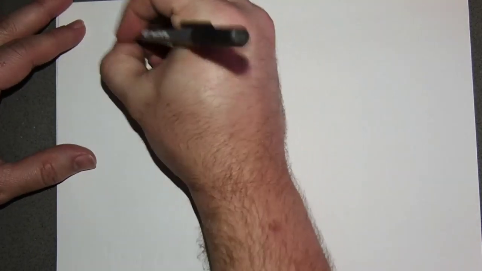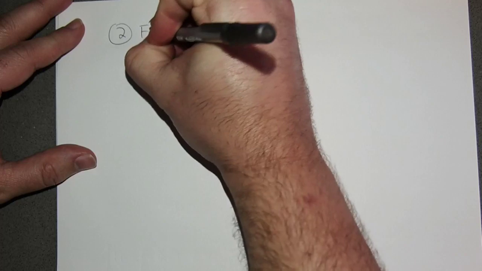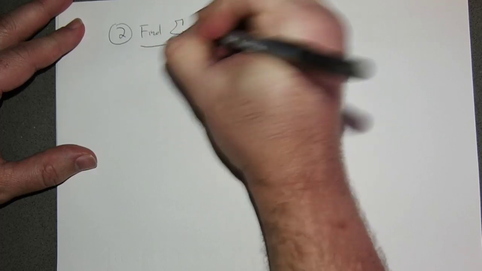So then, second part, same example. I want to find sigma. How do I find sigma? Well, I can find this by setting it up so that the diagonal entries are the singular values, which are these square roots.